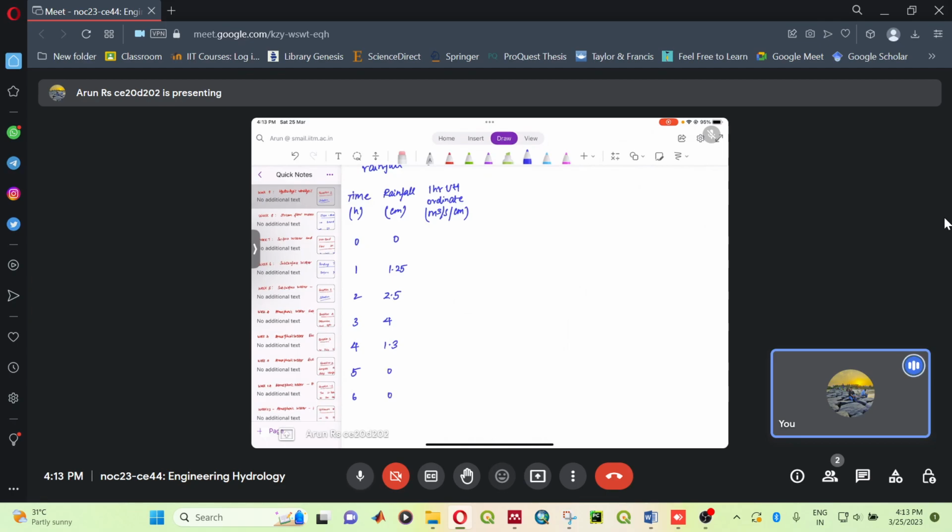So this is the rainfall that happens in the catchment, and the unit hydrograph coordinates are also given in the question.